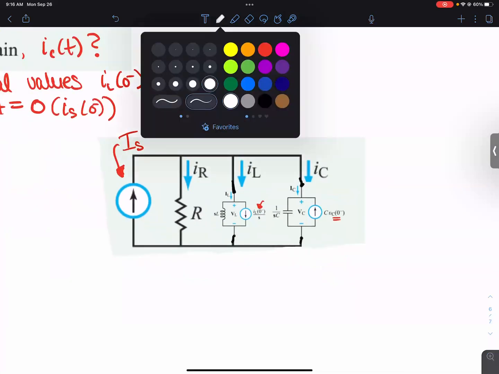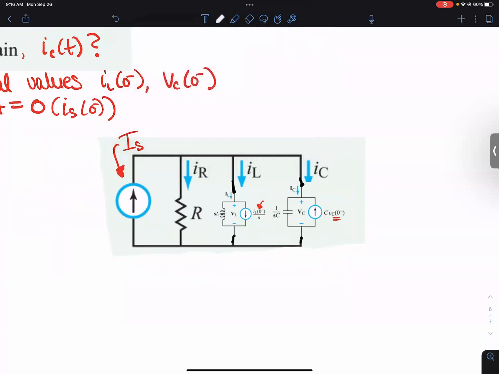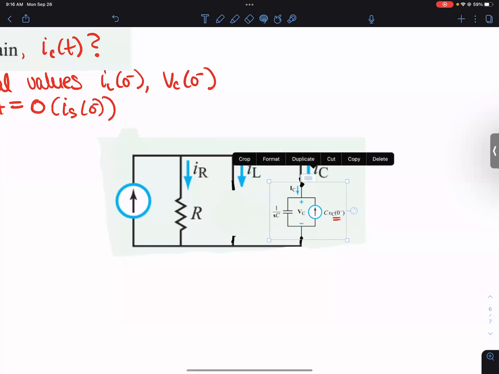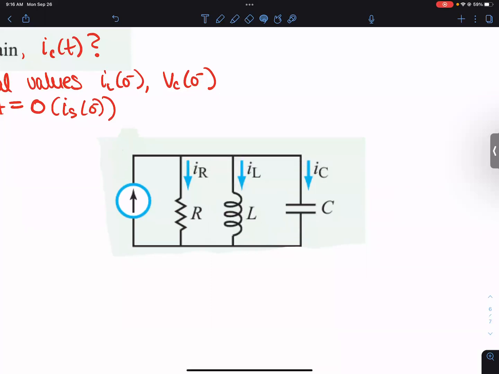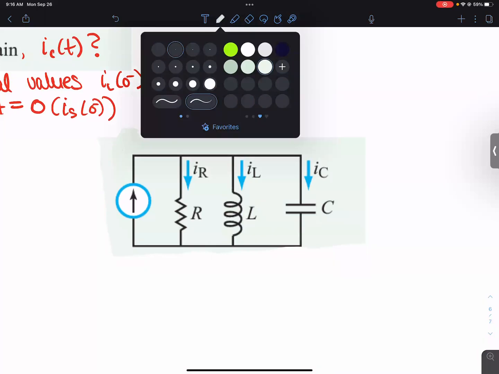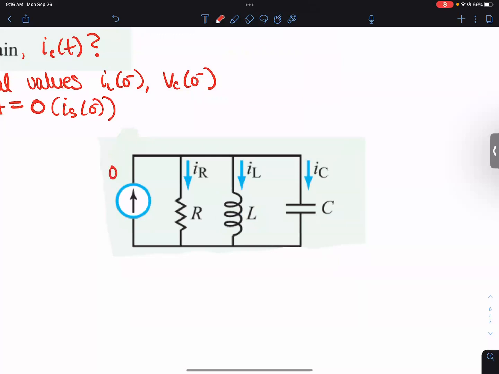So this will be 0. Back to these. All right, so 0 amps here, which means what are these values going to be?